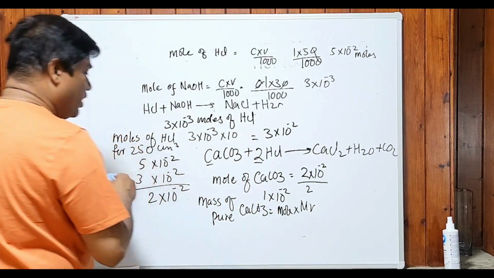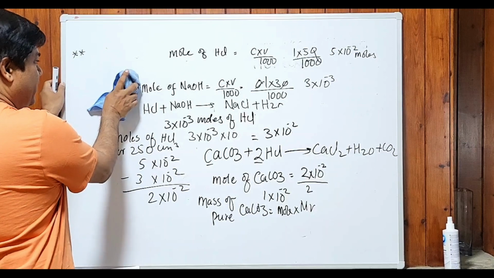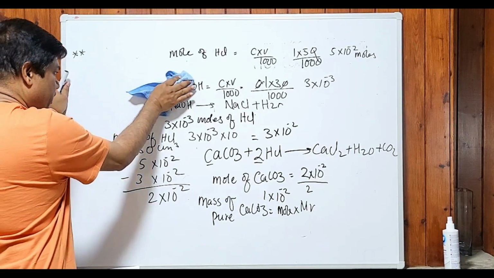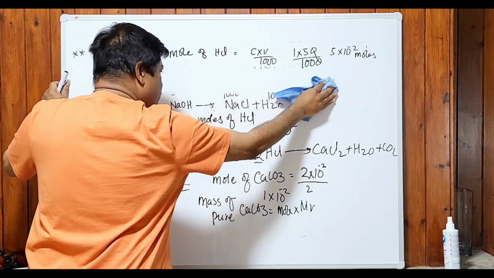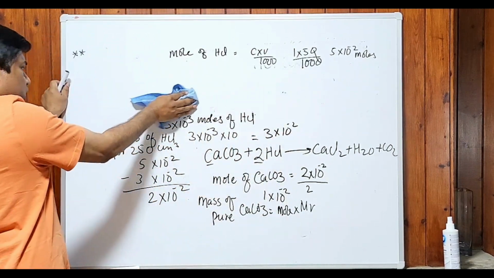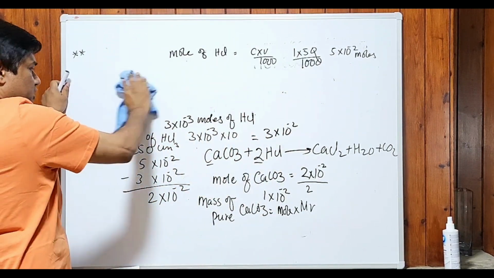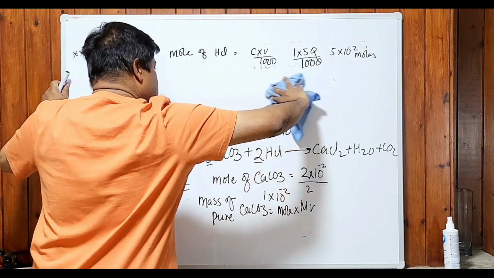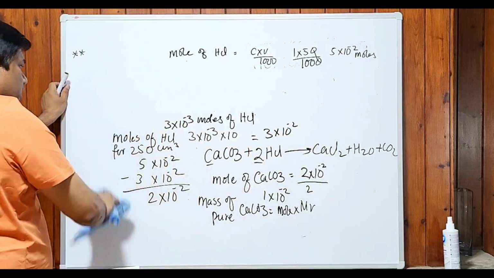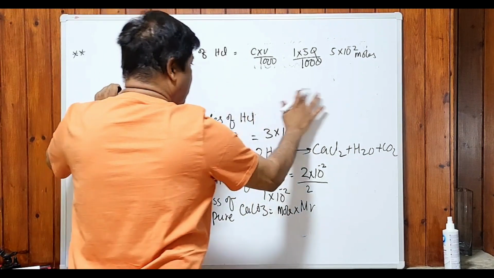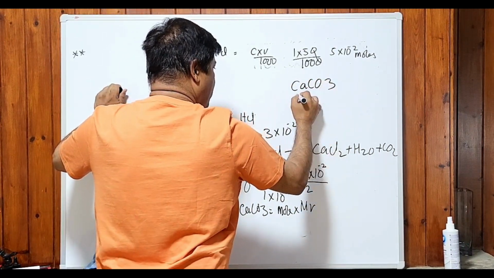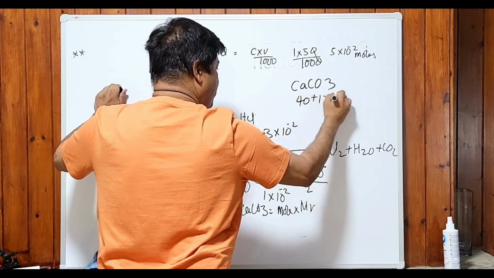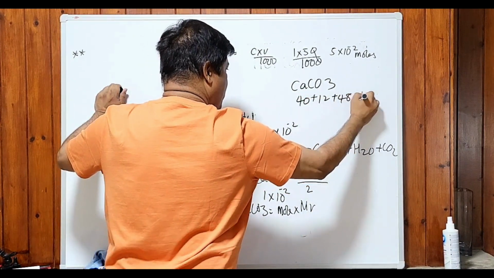What is the Mr of calcium carbonate? Take calcium as 40. Ar of calcium is given in the periodic table as 40.1. I don't want to take 40.1, I just want to take 40 to get an easy calculation. Look at the Mr of CaCO3: 40 plus 12 plus 48 equals 100.